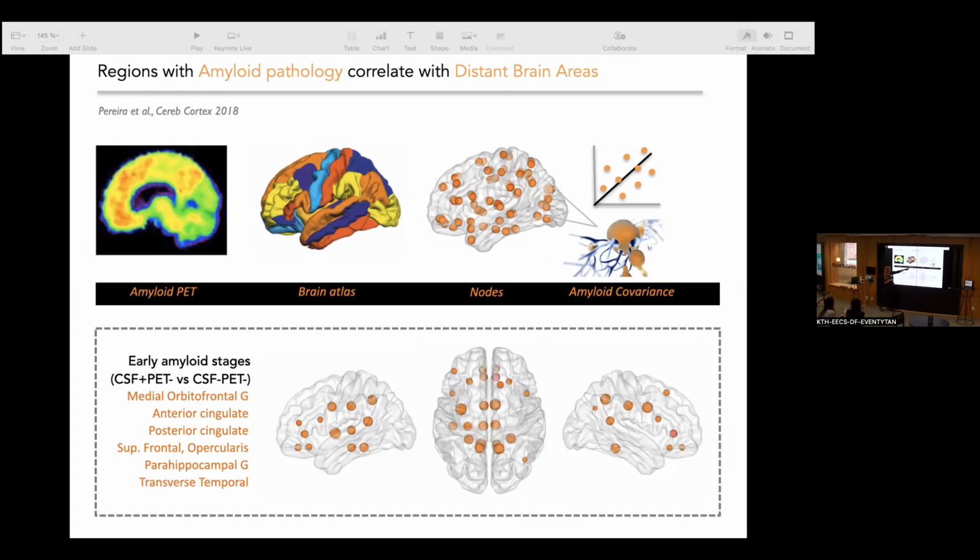We co-registered them to a brain atlas in order to extract from each region the levels of abnormal amyloid. These regions were then represented as the brain nodes according to graph theory standards, and then we estimated the connections between them using correlation analysis, which is not a real connection, as Peter said, but it's a way of estimating whether two regions show certain levels of similarity.